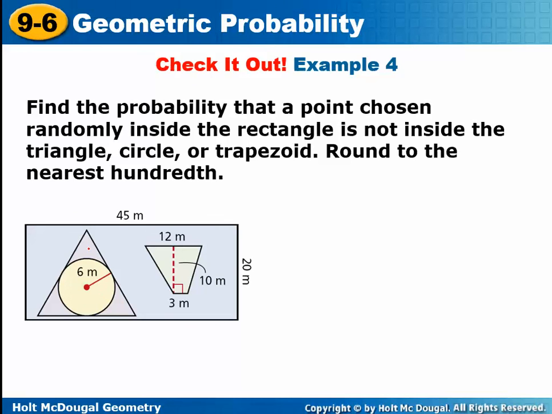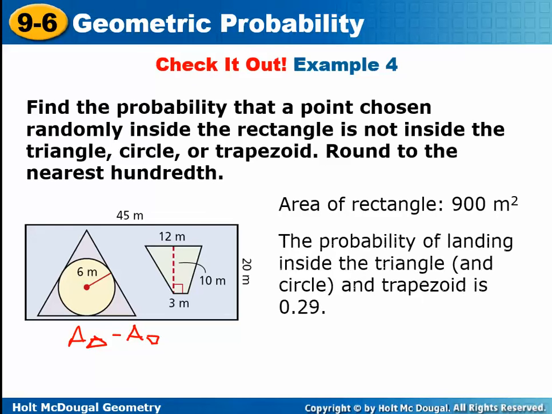So you really only have to find the area of the triangle and the area of the trapezoid. And if you find both of those and subtract it from the area of the rectangle, then you'll be on track here. So the area of the rectangle is 20 times 45, or 900. And this answer they got for the triangle and the trapezoid is 0.29.